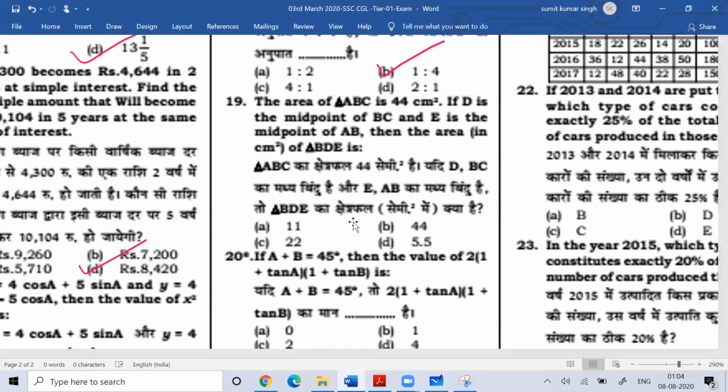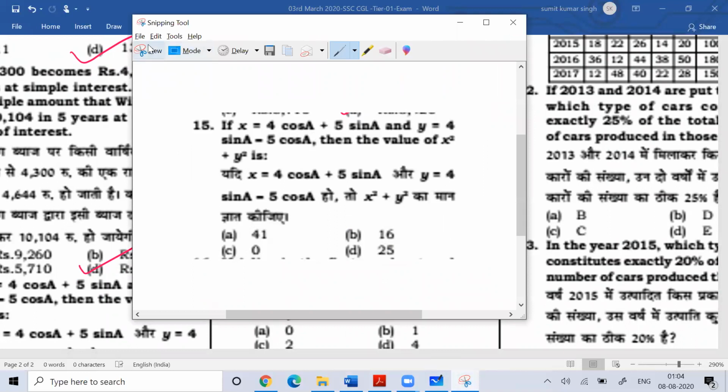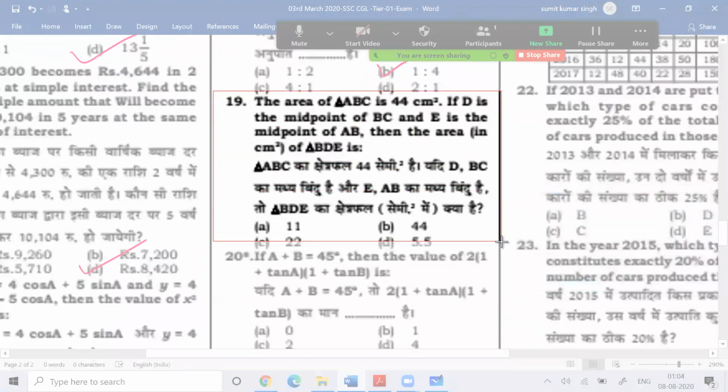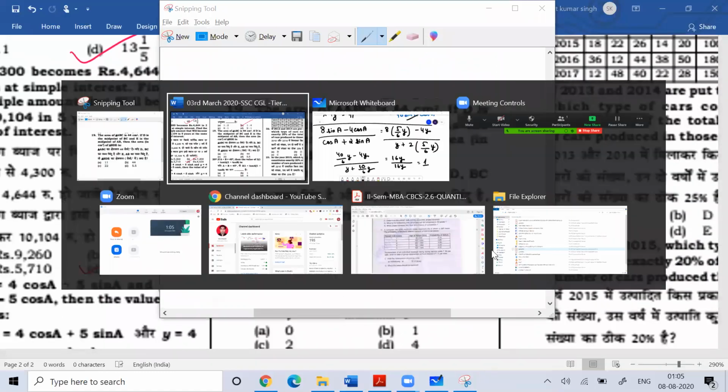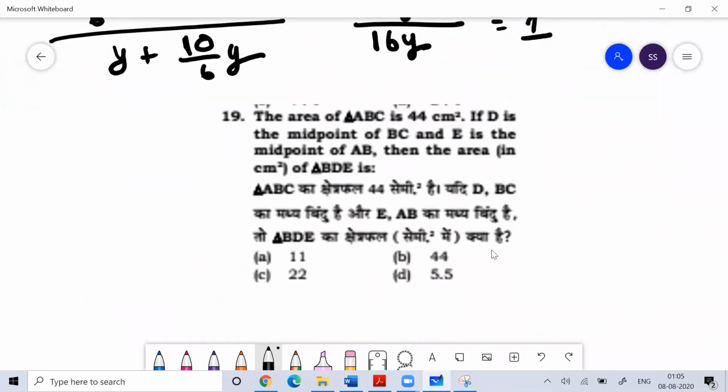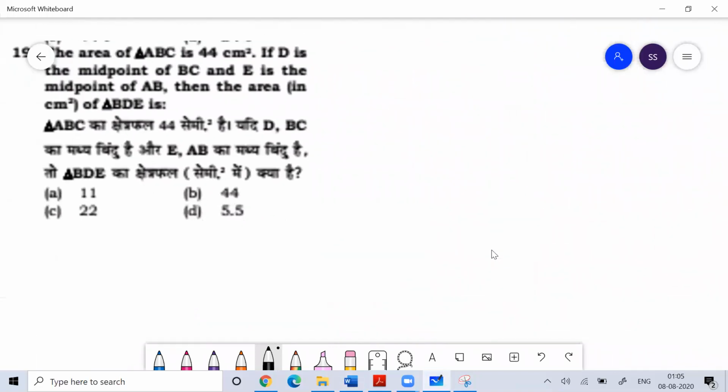Now you can see question number 19. So the area of the triangle ABC is 44.